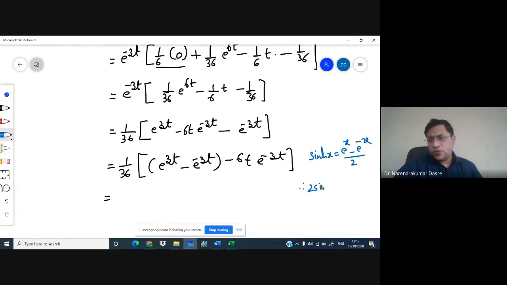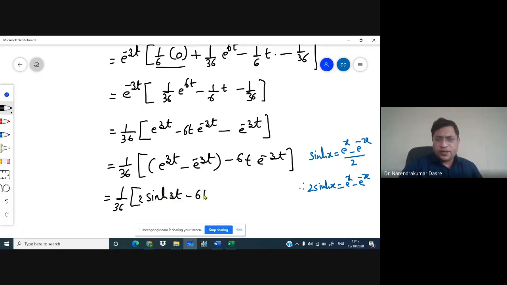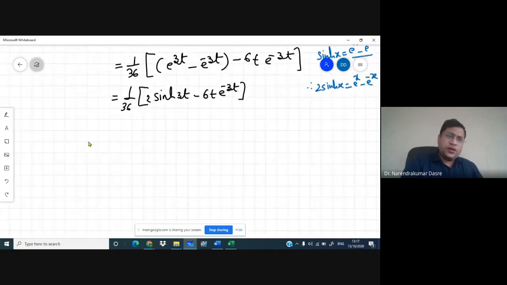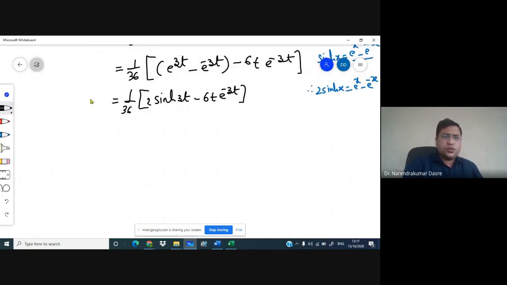And hence 2 hyperbolic sine x is equal to e raised to x minus e raised to minus x. So this is 1 by 36 and by having 2 hyperbolic sine of 3t minus 6t e raised to minus 3t. Again, you can cancel this 2.